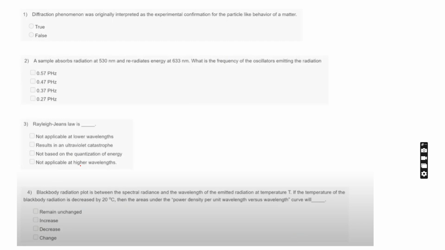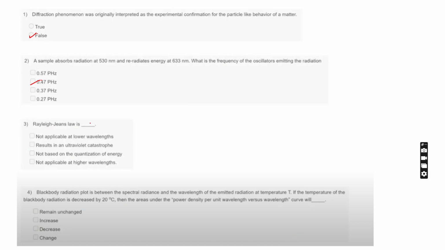Ma'am, first and fourth. First one is false. The diffraction phenomenon was originally interpreted as the experimental confirmation for the particle-like behavior of matter, that is false. And the second one we have done already.